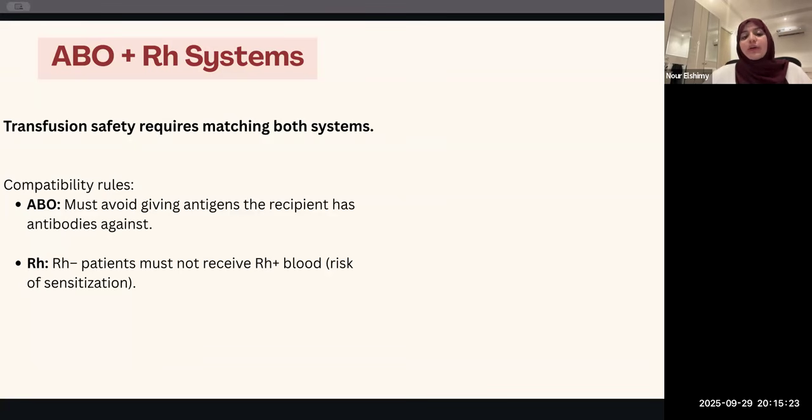So you know how negative affects the positive? Negative Rh would result in antibody production against Rh positive. So if you're an Rh negative individual, you cannot receive blood from an Rh positive person. You're only gonna have to receive Rh negative because your body does not make antibodies against your own antigen, or your own self cells.